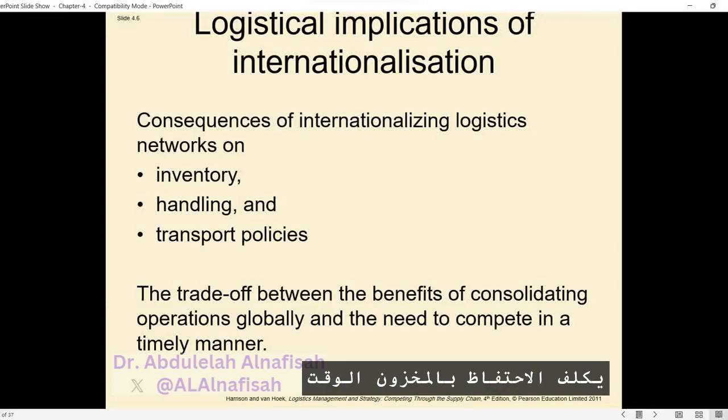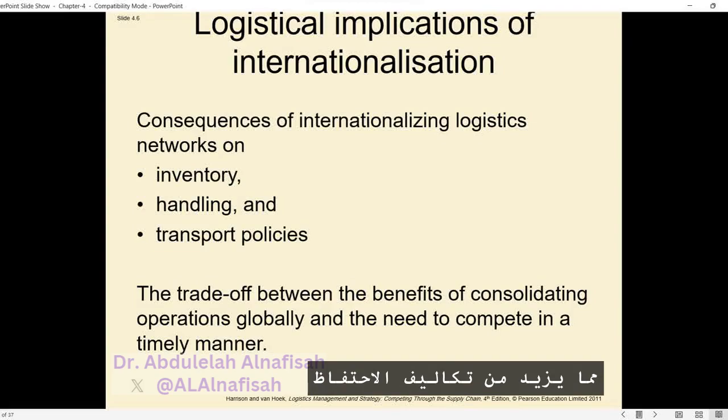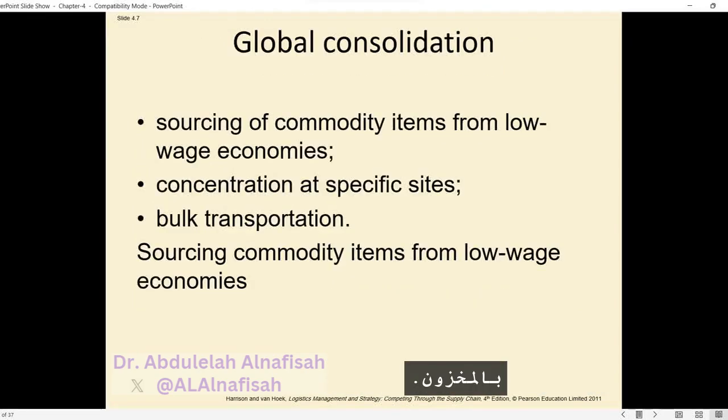Inventory holding costs. The time spent in the logistics pipeline increases the cost of holding inventory. Delays occur during physical transit, consolidation points, and customs procedures, further increasing inventory holding costs.